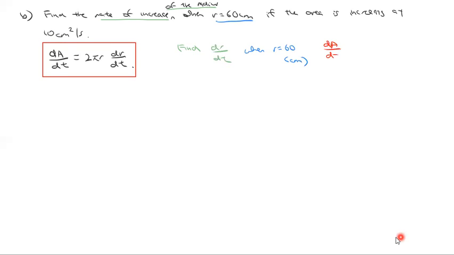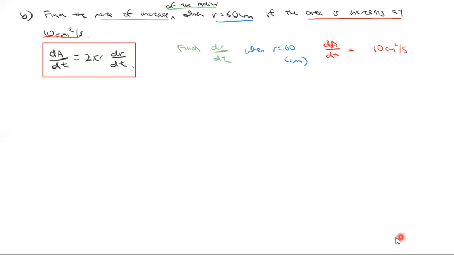Do you want to be more specific? 10 cm squared per second. You want to be even more specific? It's a derivative, dA/dt. So what am I waiting to hear?